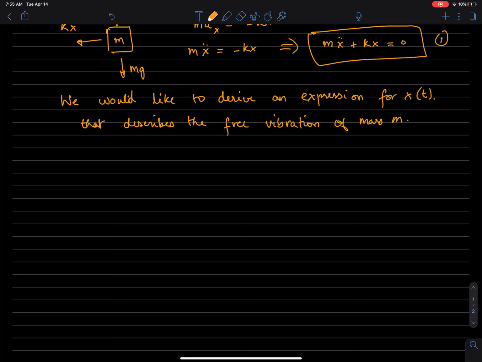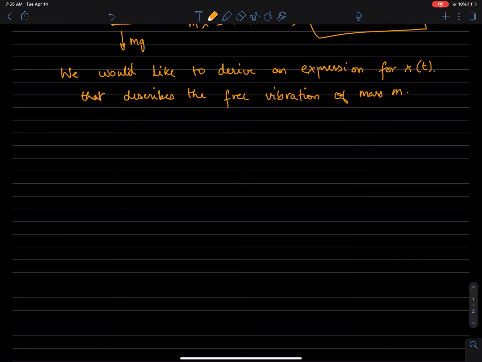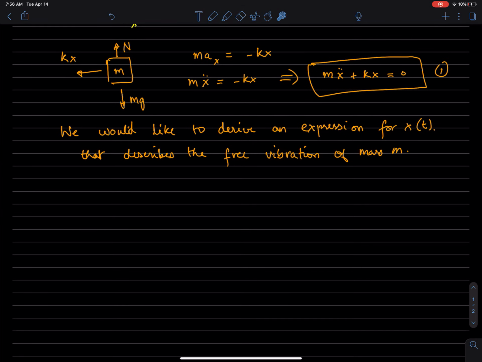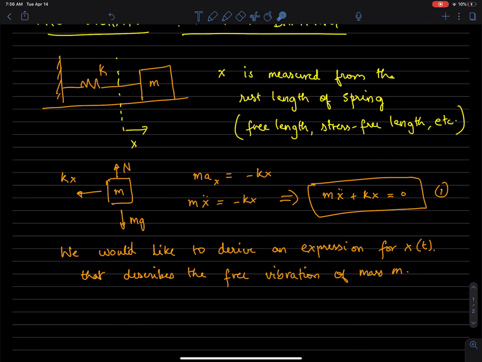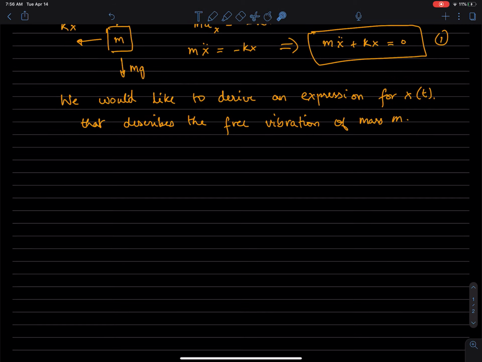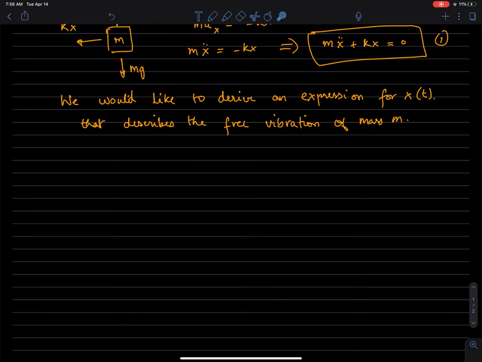Okay, so what do we do? Well, first of all, we intuitively know that the motion is going to be some kind of an oscillation, and we can use that intuition to try out various potential solutions for this equation, okay?